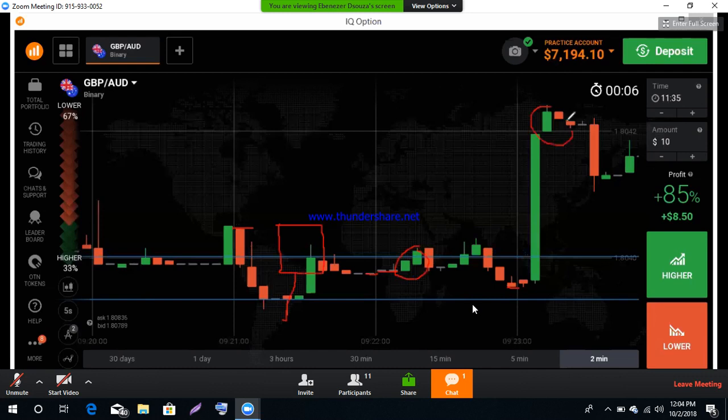You can take this as a confirmation. This is the confirmation candle. You can take this type of candles. This is a very weak candle. You can't take weak candles as a confirmation. So you can't trade here, and this is a very strong candle. You can't take this as a confirmation.